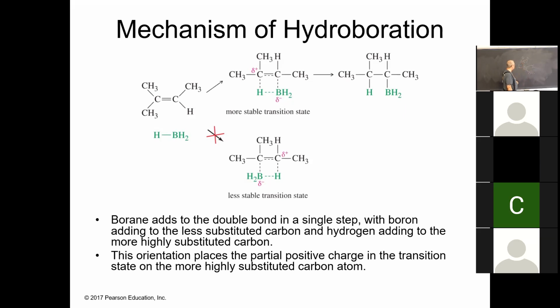Boron also lacks an octet, so it's a very good electron pair acceptor. So the alkene attacks the boron. We go through this square transition state where hydrogen is added to the adjacent carbon. So boron goes to the less substituted carbon. You get this alkyl borane.